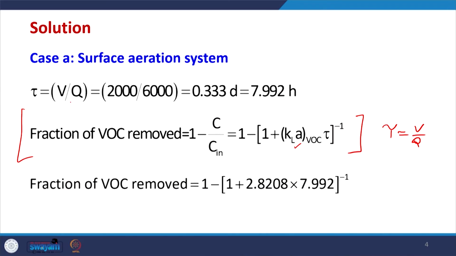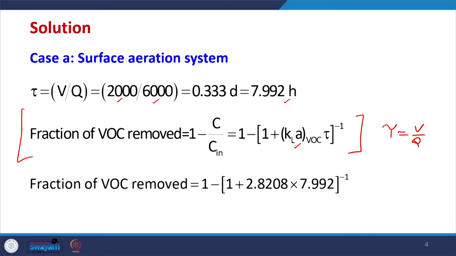Now, going further we have to find out the V by Q value, and V is already given as 2000 and 6000 is the flow rate in meter cube per day. So, we have 0.33 per day, which is equivalent to 7.992 hour. This is now known to us. We put all the values in there.